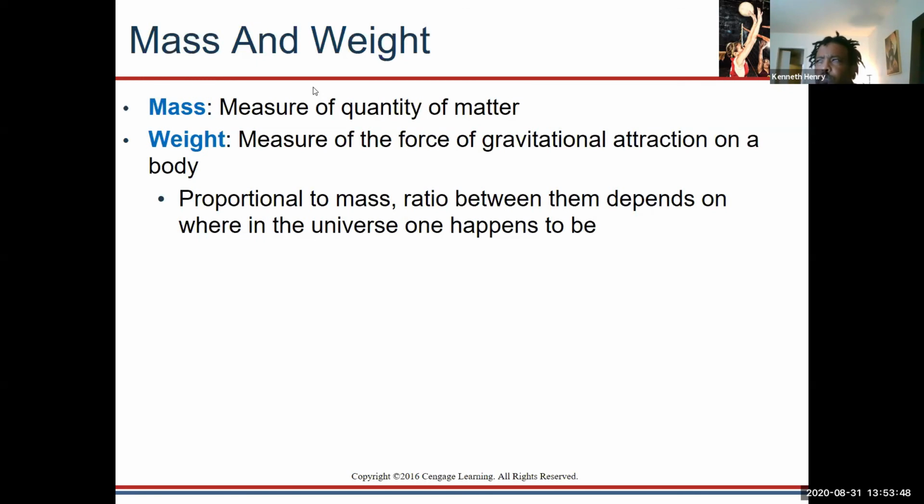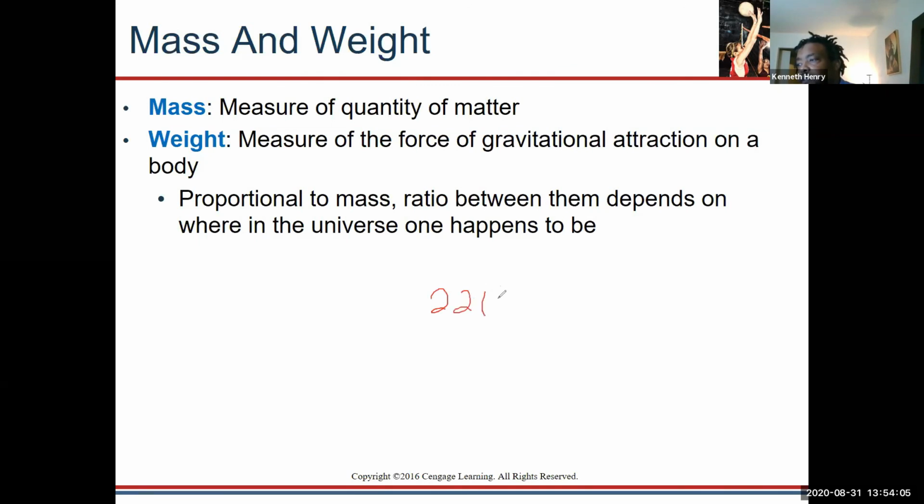The moon is 1/16 of the gravity of the Earth, right? So I would weigh 1/16 of what I weigh here on Earth. So if I weigh 220 pounds, we divide it by 16, and that's what I would weigh on the moon.